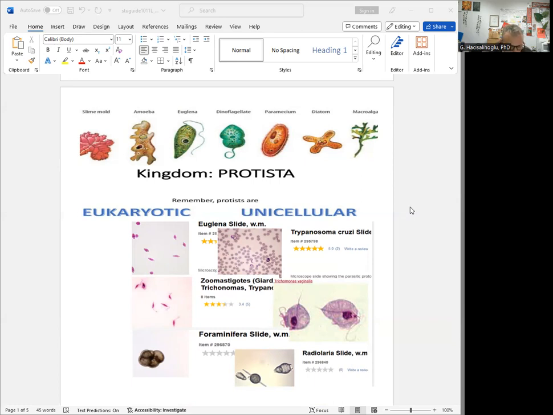Next group is Archaeplastida. Archaeplastida look more like plants and has a lot of algae in it, including red algae and very importantly, green algae. A good example of green algae is Chlamydomonas, which looks like Euglena but has two flagella.